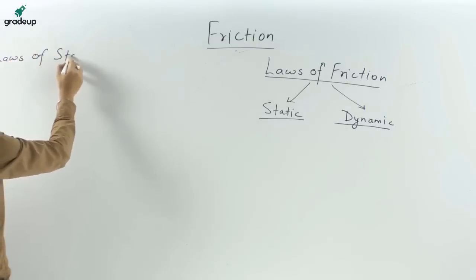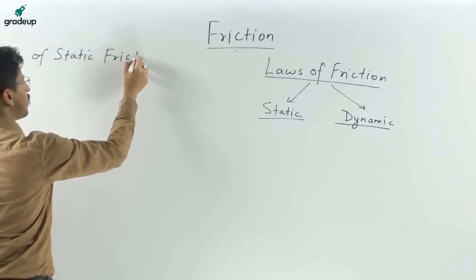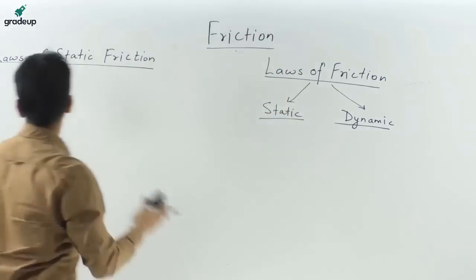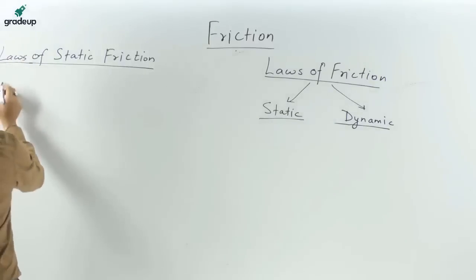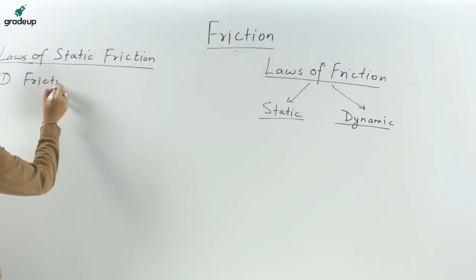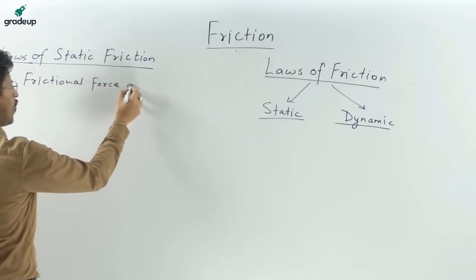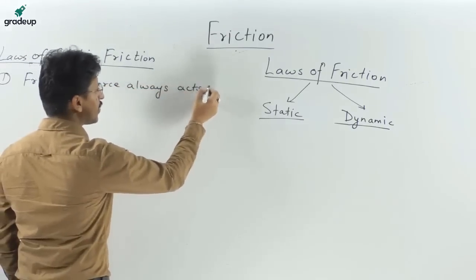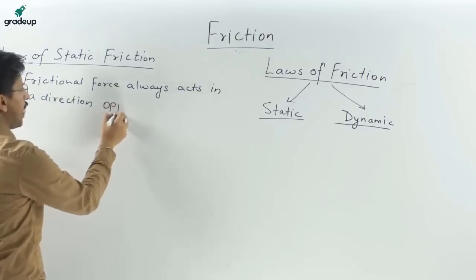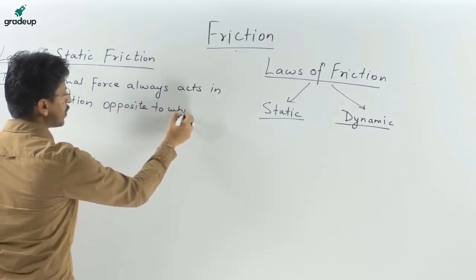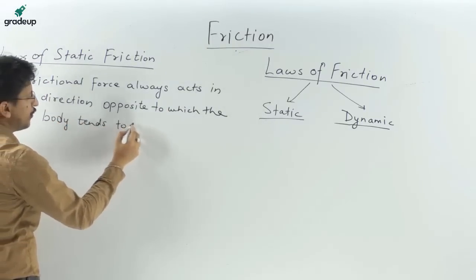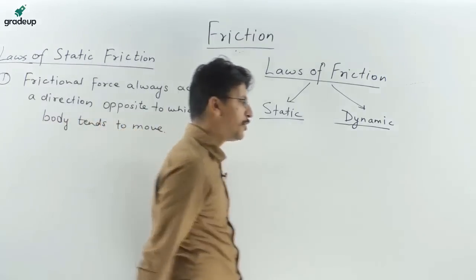Laws of static friction. First, it says that the frictional force always acts in a direction opposite to which the body tends to move, because this is the case of static friction, so the body will not actually move but tends to move.